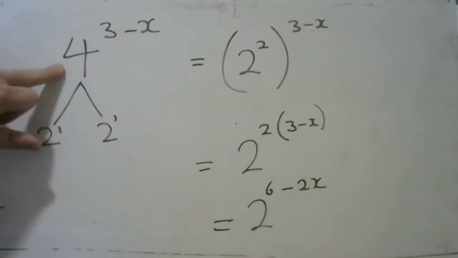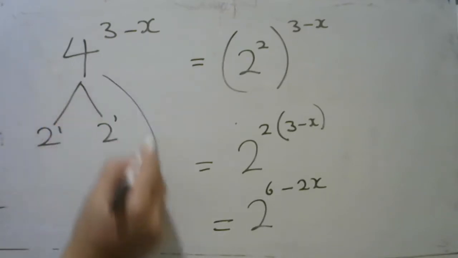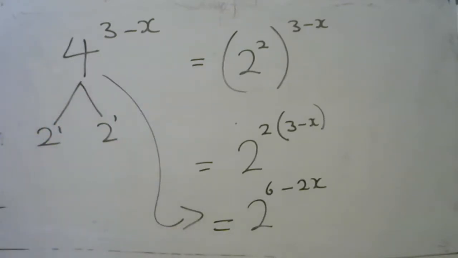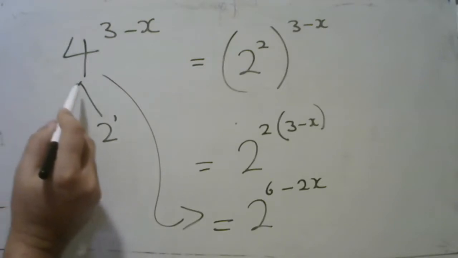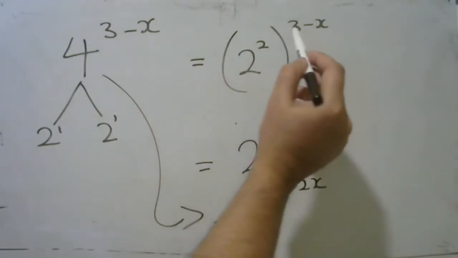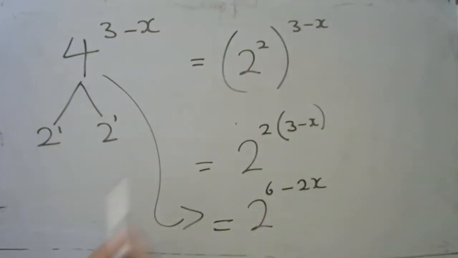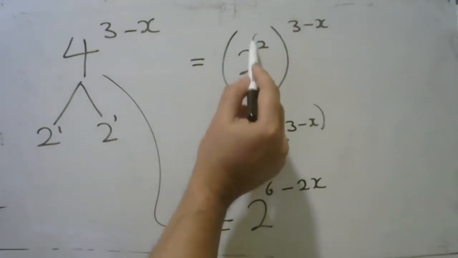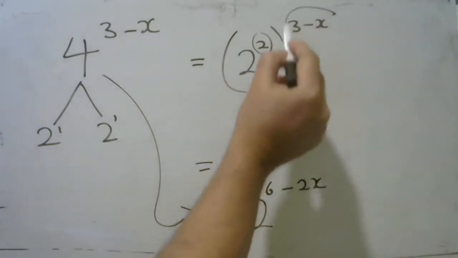So this becomes this. Good? Okay. Clear on this idea? 4 is reduced to 2 squared, and this is 3 minus x. But this is like m, and this is like n.